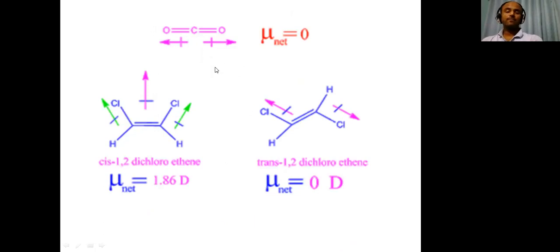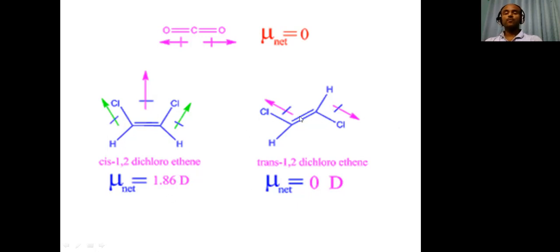Again, in the same way we can explain why the dipole moment in carbon monoxide is 0, and why the dipole moment in trans 1,2-dichloroethene is 0 while cis 1,2-dichloroethene is non-zero.